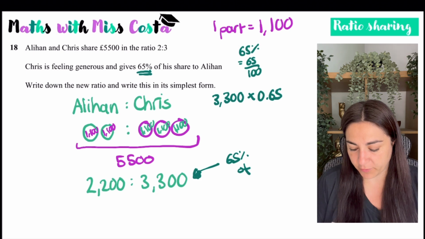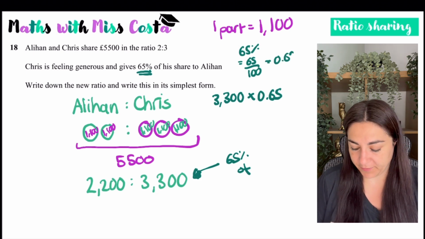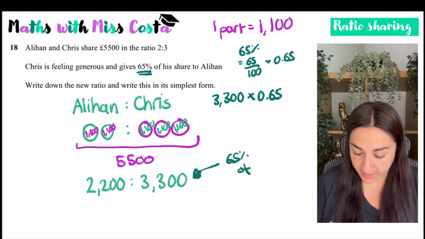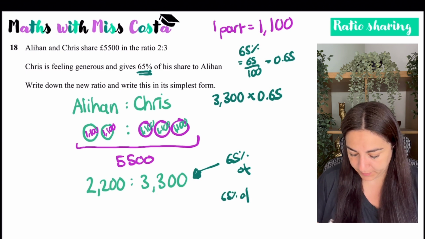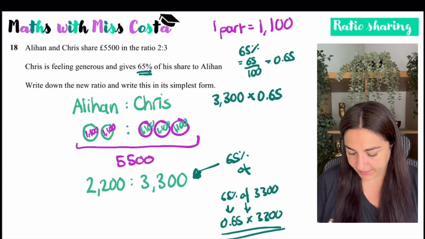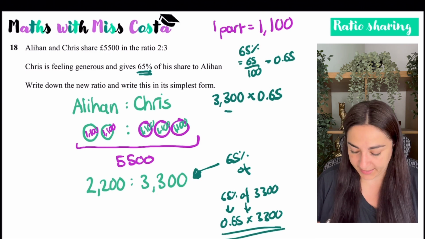It means 65 over 100. 65 divided by 100 is 0.65. What does of mean? It means multiply. So if you had to work out 65% of 3,300, turn that into 0.65. Of means times, and that's the quickest way you can work out percentages on a calculator.